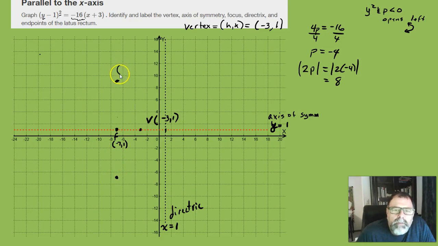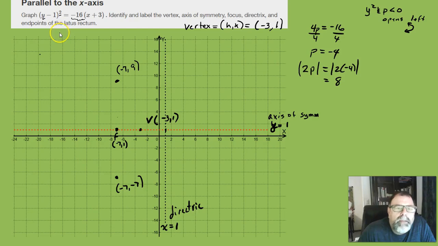And they want us to label those points. So this is a -7, 9. And then this one's -7, -7. Okay. And then that's all the book has you do. I like you to do that one extra one where I'm going to do 16, 16.